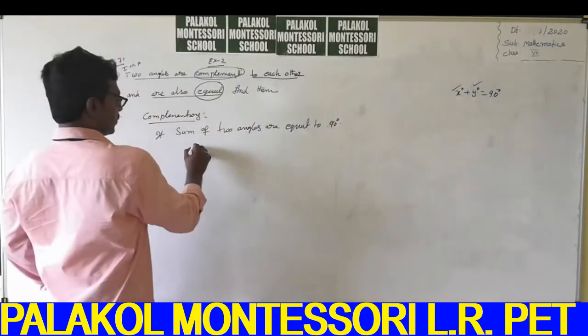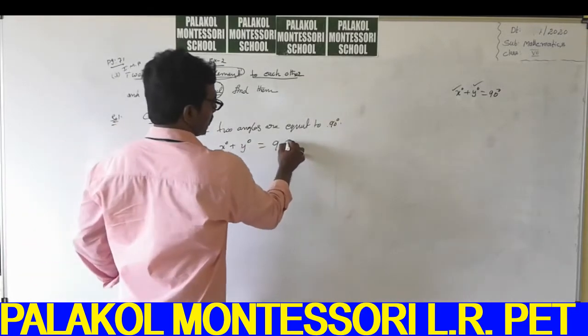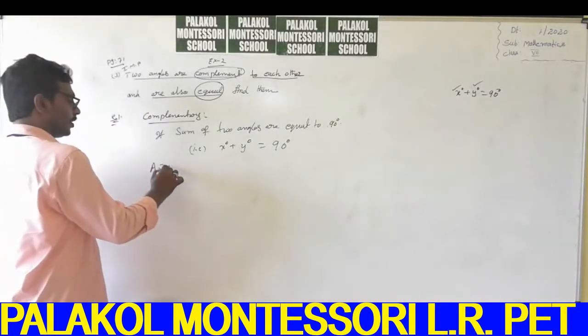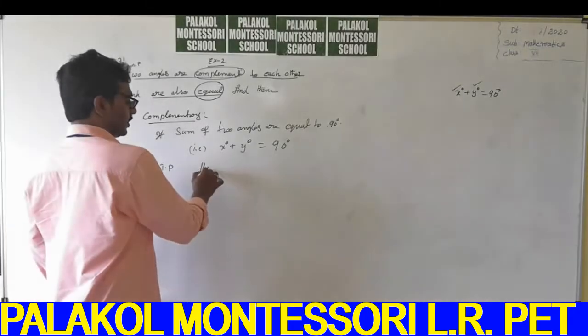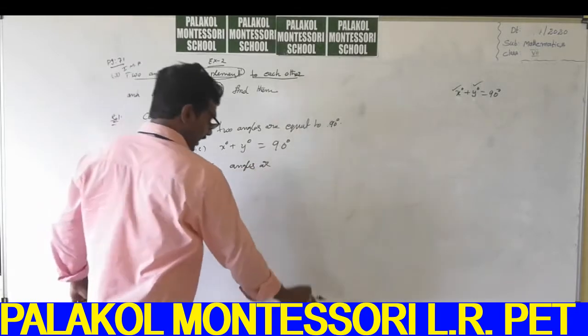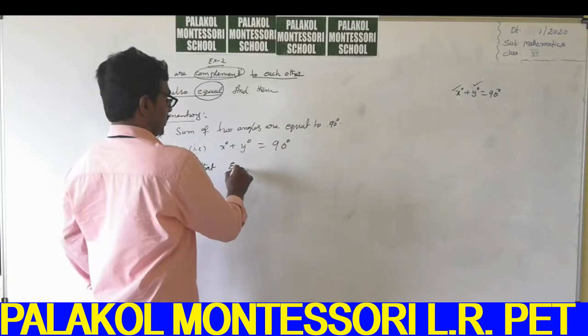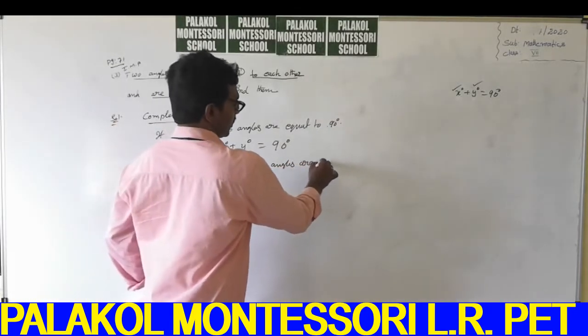That means x degrees plus y degrees is equal to 90 degrees. But according to the problem, the angles are equal.